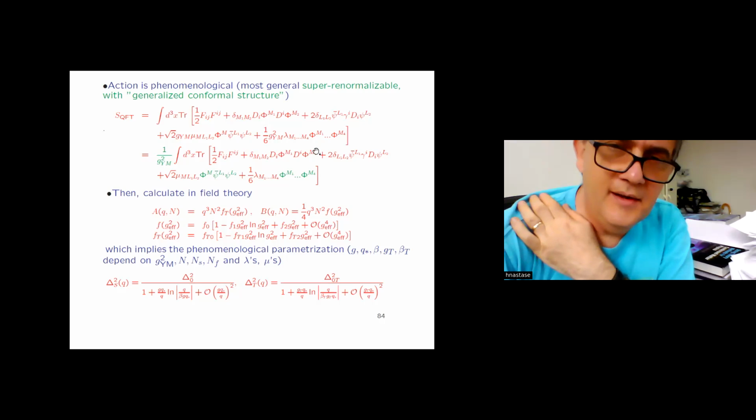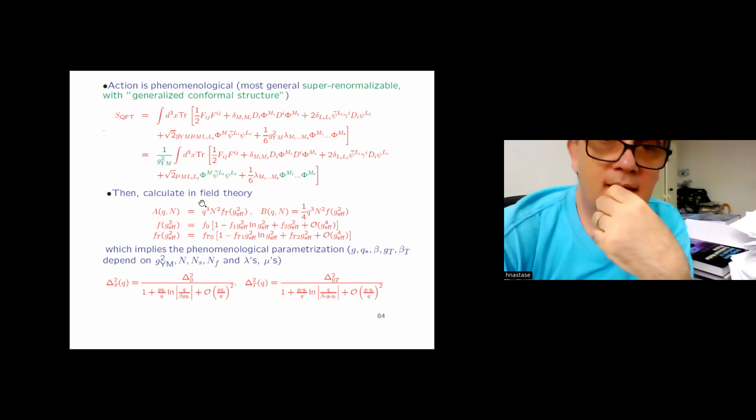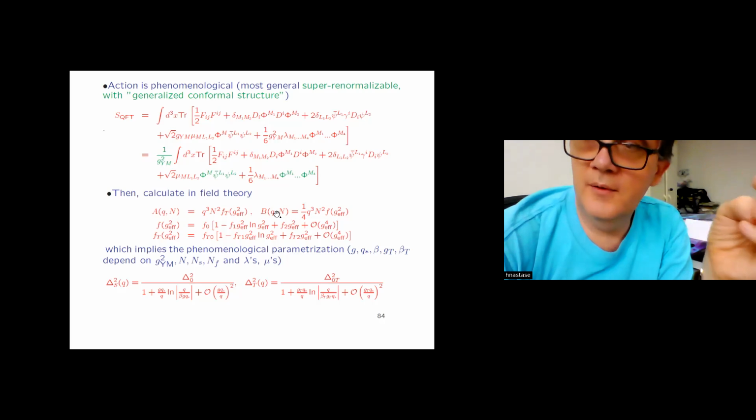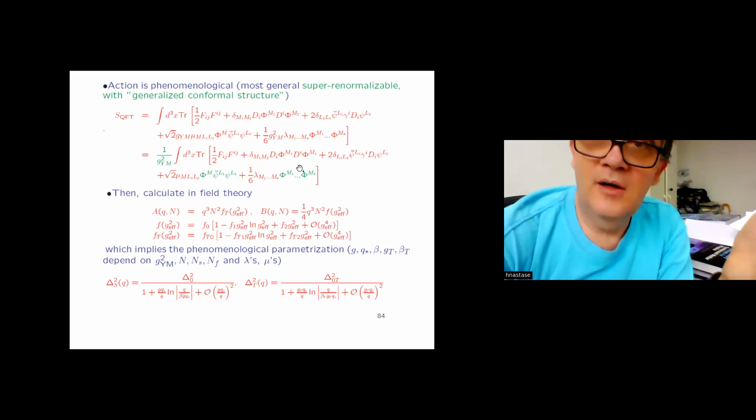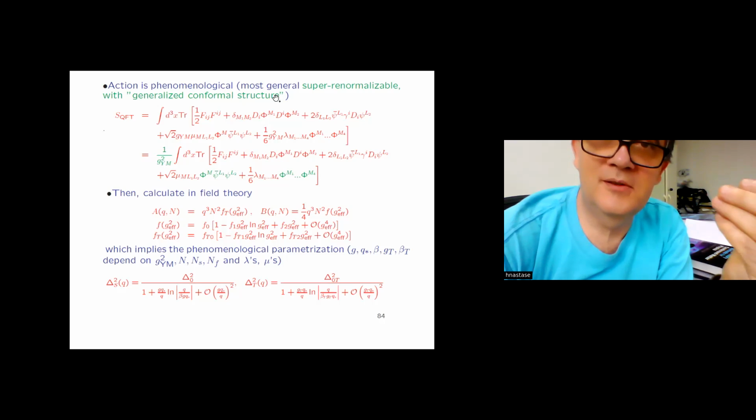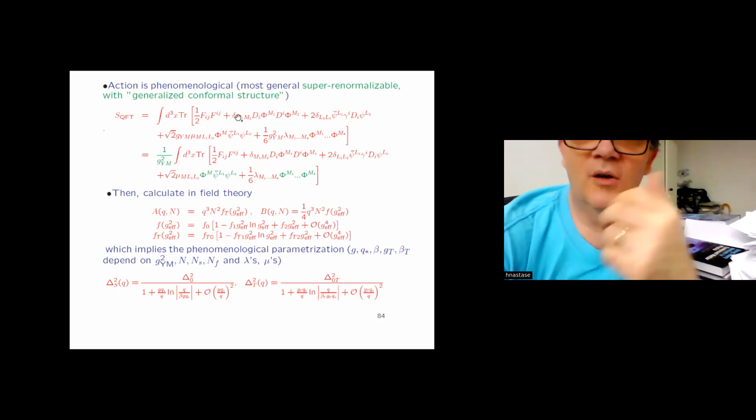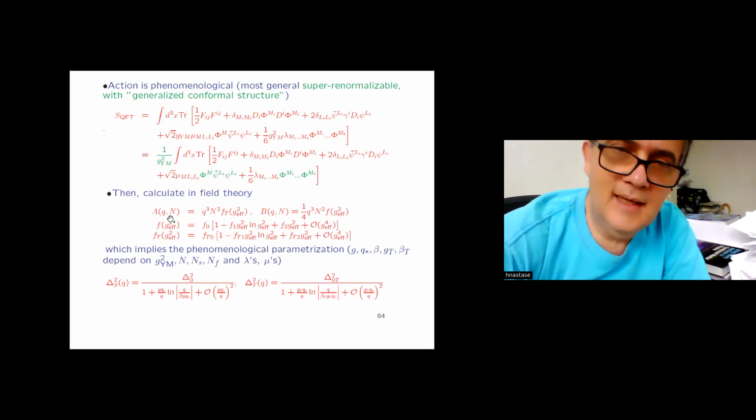And in this field theory, as we said, the A and B are the coefficients of the tensor structures in the 2-point function of energy momentum tensors. And because generalized conformal structure is a symmetry or property of the action, these A and B's can only be functions.